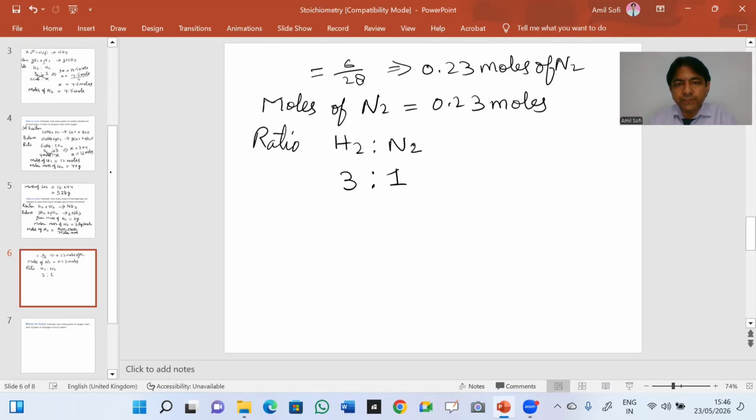For moles for hydrogen, I will write X, and moles for nitrogen we just found above, that is 0.23 moles. So here cross multiply. I can find it from this side. 3 into 0.23 is equivalent to 1 into X, that's X.